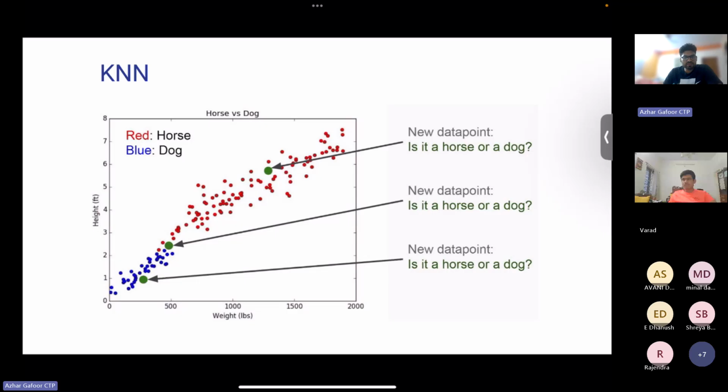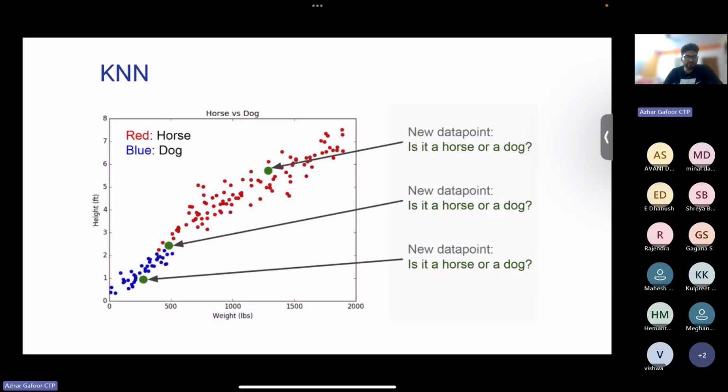We know that horses will usually be taller than dogs. So if you see the height chart, the dogs are always below this line, and horses are above this line. What we need is an algorithm to distinguish between these horses and dogs if only height and weight are given. Based on the height and weight, a point can be placed here or here or here.